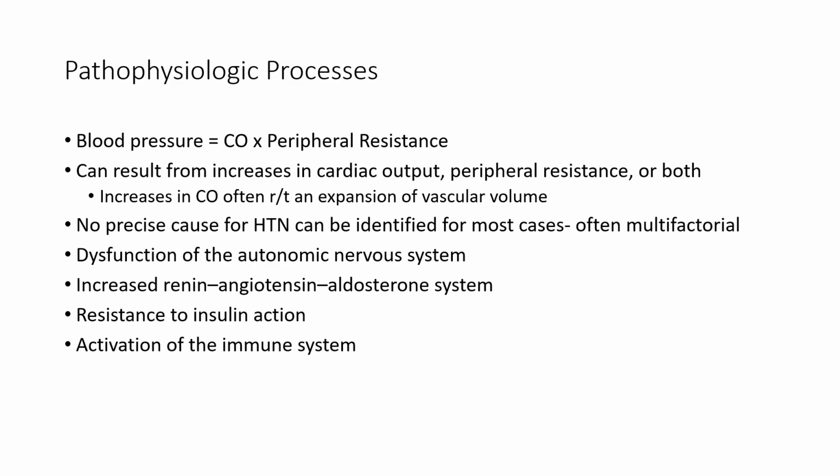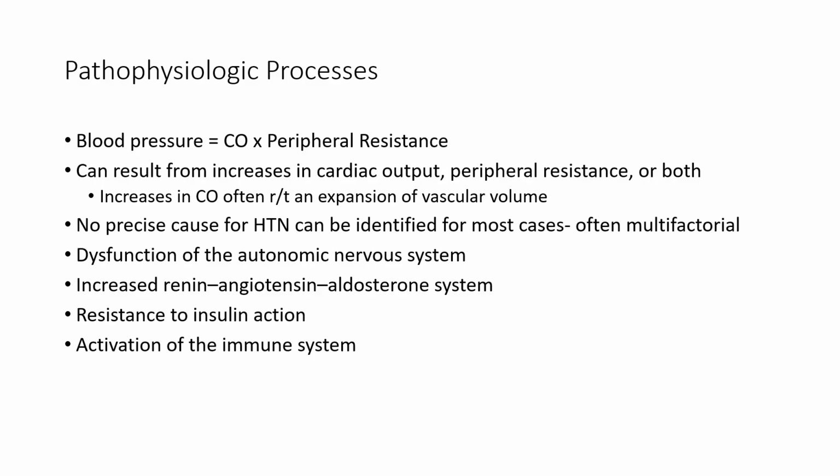So we're going to deep dive into the pathophysiologic processes of blood pressure and hypertension. Again, blood pressure equals the cardiac output times peripheral resistance. So we can see hypertension result from increases in cardiac output, peripheral resistance, or both.